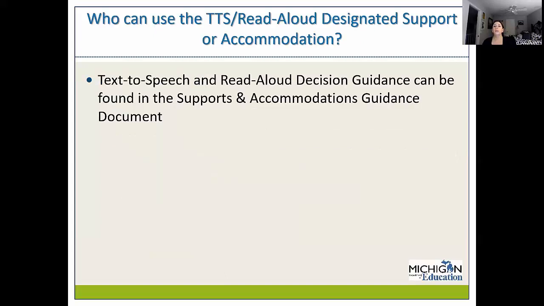So who can use the text-to-speech and read aloud designated support or accommodation? This is a frequently asked question. So within our supports and accommodations guidance document, we have a text-to-speech and read-aloud decision guidance section that essentially answers this question for educators, or rather it aids educators in answering this question for students.